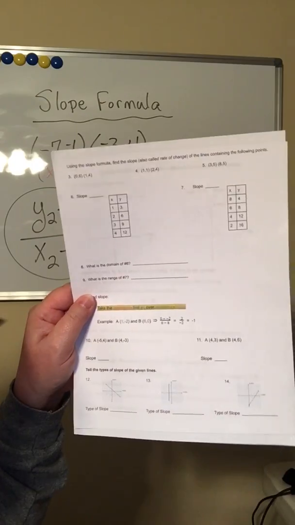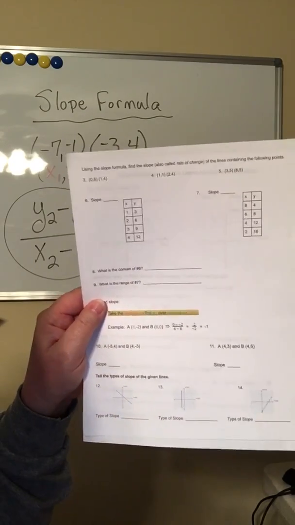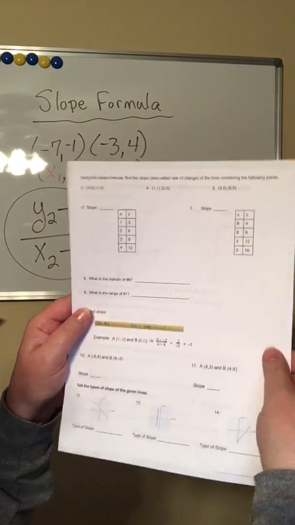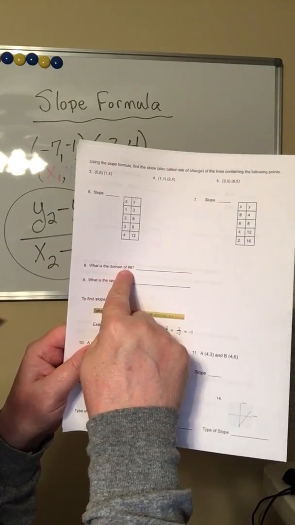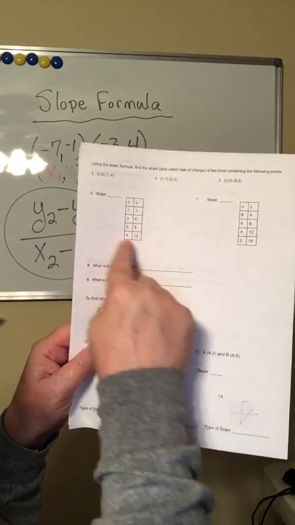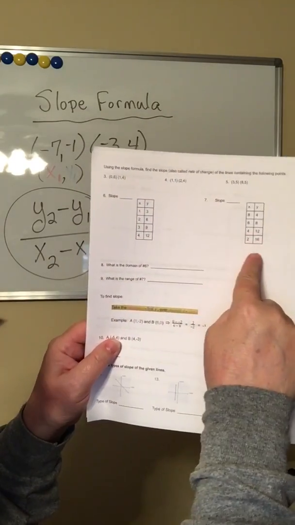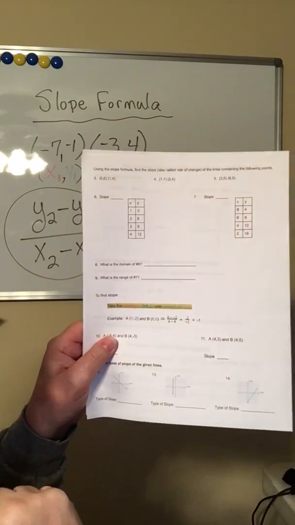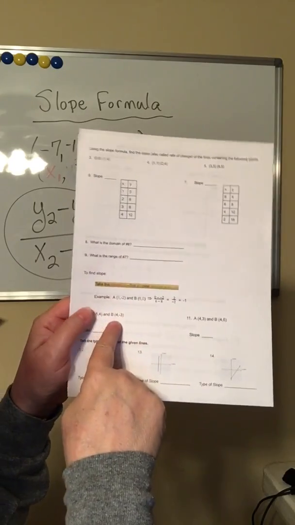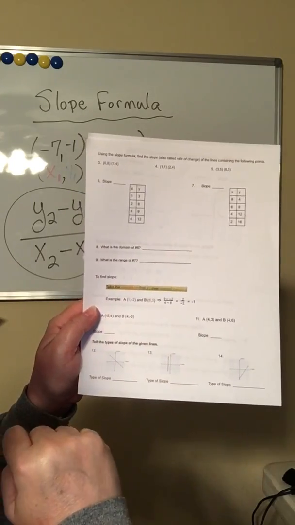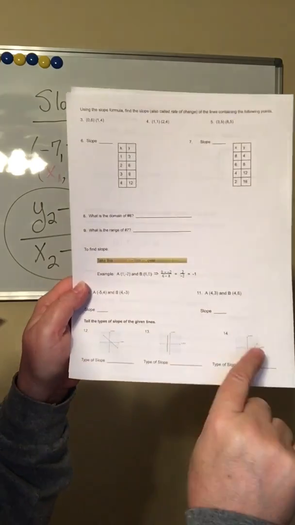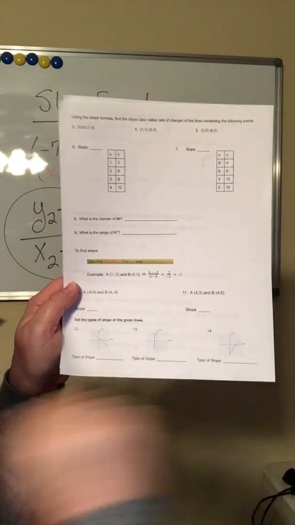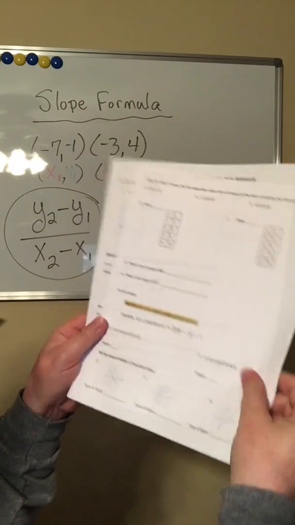Sometimes the format is different between my computer and what's happening on your Chromebooks. What is the domain in the points of 6? What is the range in the points of 7? Again, it explains things to you so you can see it again. Then you just need to find the slope. And then on these ones, you don't have to tell me what the slope is. You're just telling me what type of slope you have there.